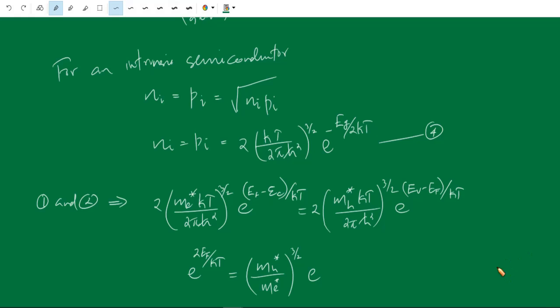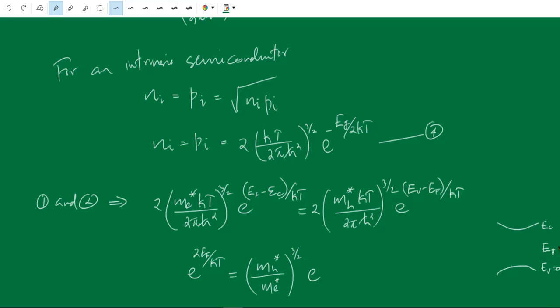If we measure the Fermi energy from the valence band edge, that means the reference Ev is equal to 0. If this is Ec, then this difference, Ec minus Ev, is equal to Eg.